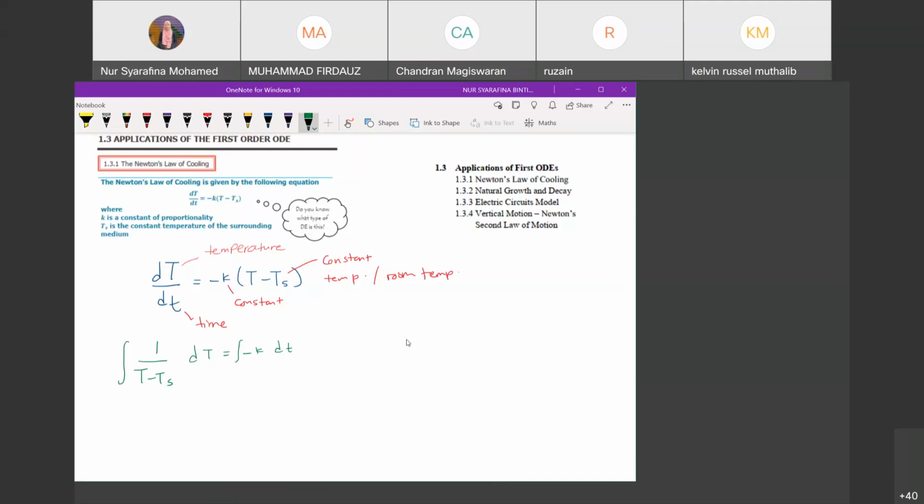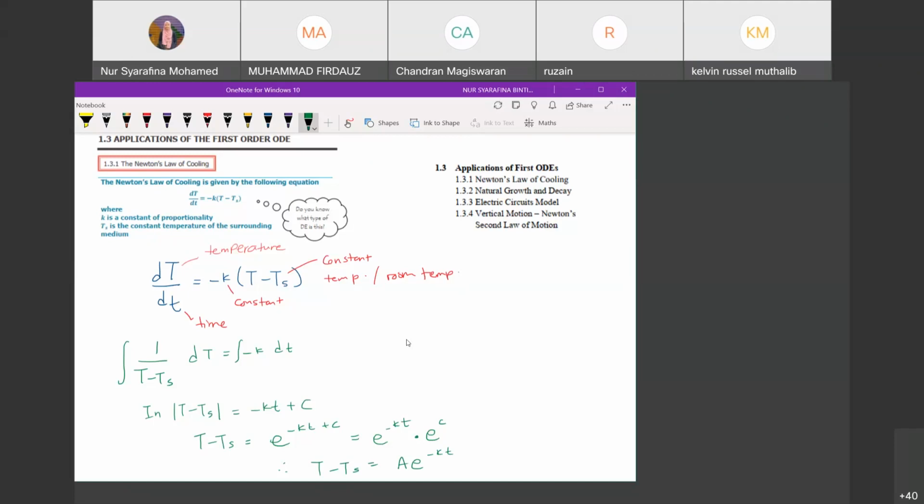Here you have ln of T minus Ts equals minus kt plus c, right? So omit the ln, then we have T minus Ts equals e to the power of minus kt plus c, where you can write e^(-kt) times e^c, then T minus Ts is actually Ae^(-kt) there.